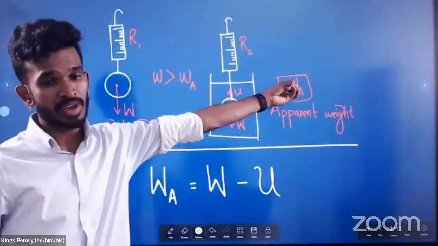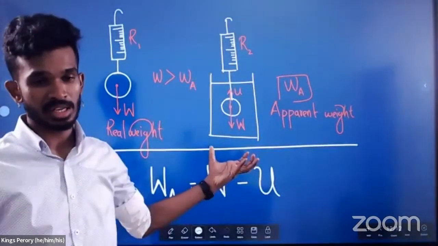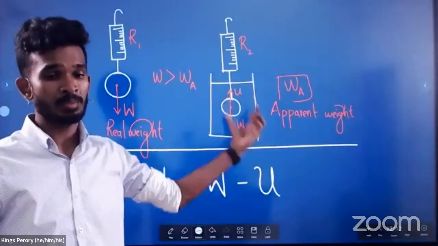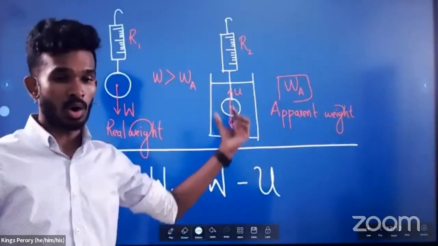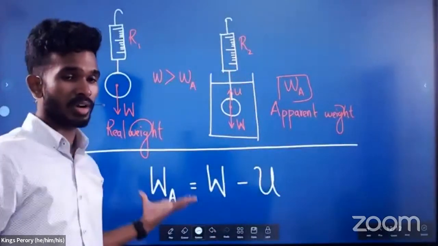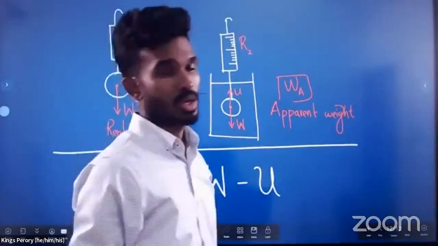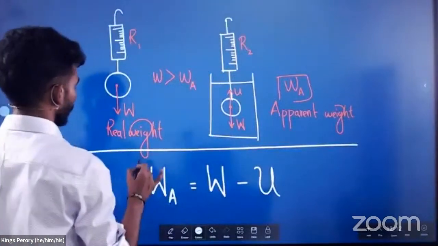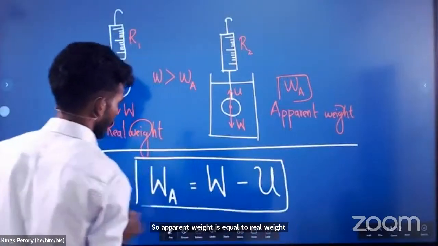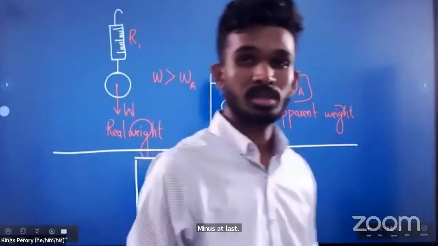The overall downward weight is equal to the real weight, the big weight, minus the upward force, upthrust. Downward big weight, upward upthrust, you subtract it, you get the final weight in the fluid. So apparent weight is real weight minus upthrust.